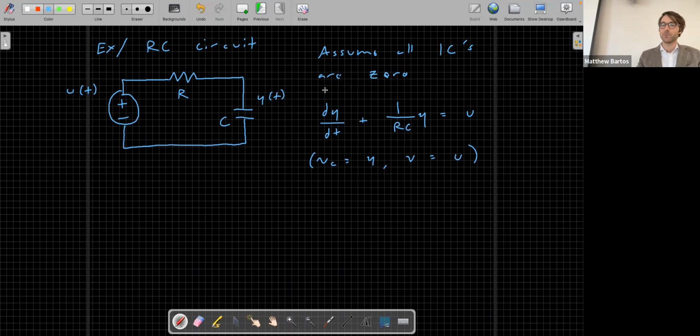So let's see what happens when we apply the Laplace transform to this differential equation. Let's take the Laplace transform of dy/dt plus 1 over RC y(t) is equal to u(t).